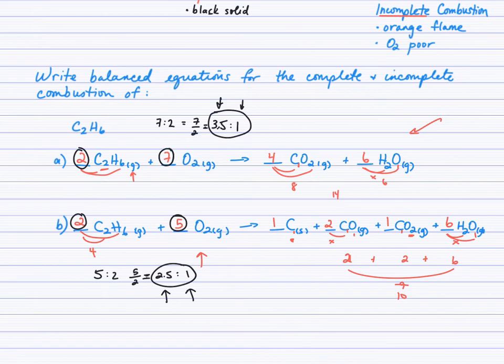So you can see that the complete combustion reaction actually requires a greater amount of oxygen compared to the fuel than the incomplete combustion reaction did. And so that supports the idea that our complete combustion reaction occurs in O2-rich environments and our incomplete combustion reaction occurs in the O2-poor environments. Okay, so that's it for combustion.